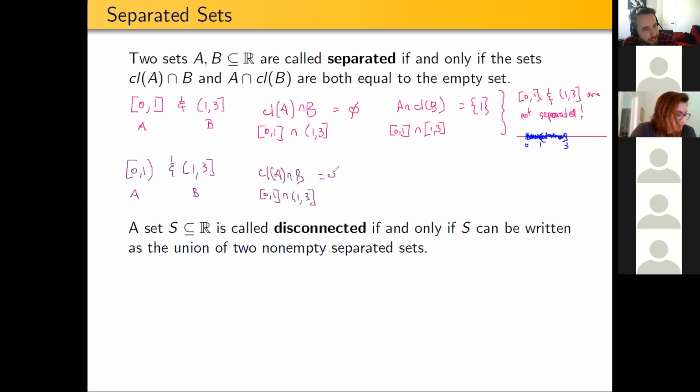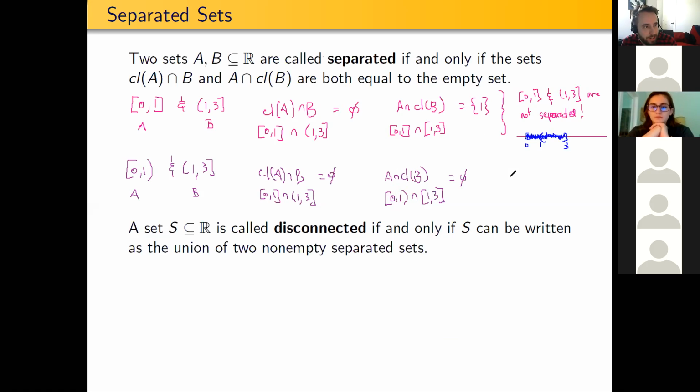And so that will be empty. At the same time, A intersect the closure of B: well, this time, it's not going to have this number 1 in it. A no longer has the number 1. And so this set is also the empty set, because there is no element that appears in both of these. The number 1 is no longer in the set A.